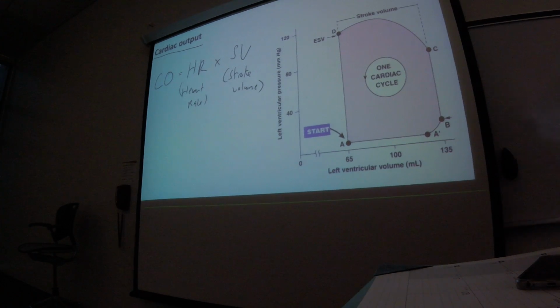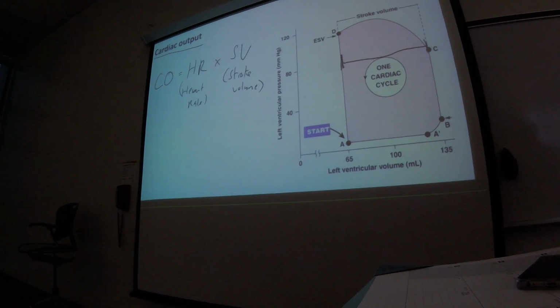And the stroke volume, we kind of saw it here in the previous graph, is how much blood the ventricle is pushing out into the aorta. That volume of blood in milliliters is a stroke volume.